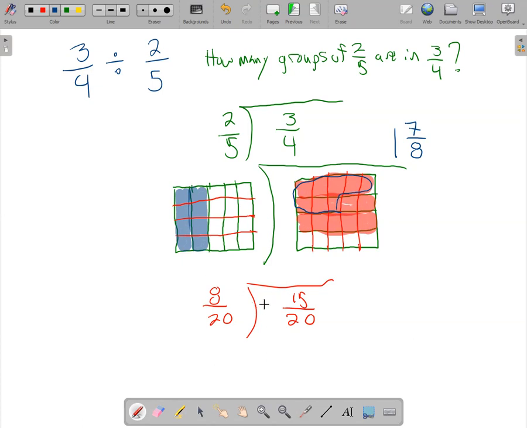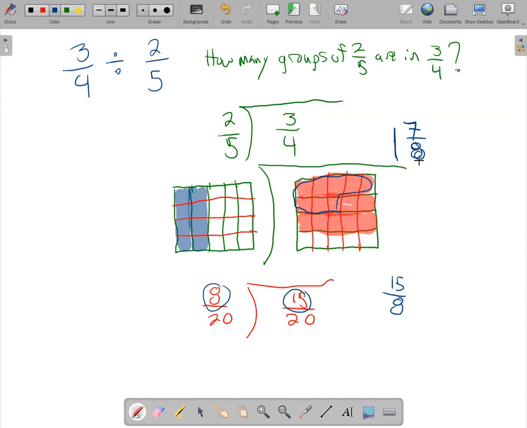The other way to think about this is I'm looking for groups of 8 in 15. Well, that's just 15/8. How many times does 8 go into 15? It goes in 1 with 7 remaining out of the 8 I was looking for.